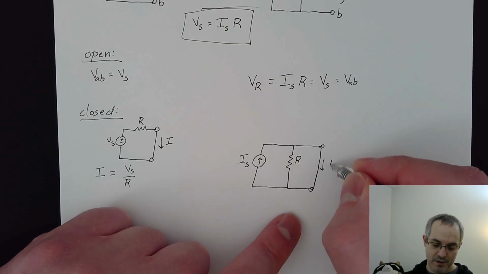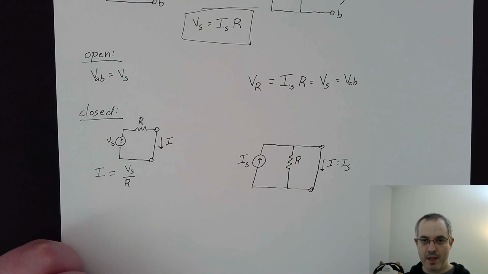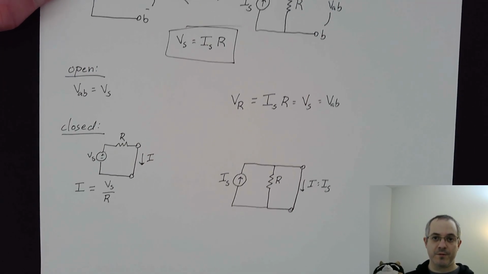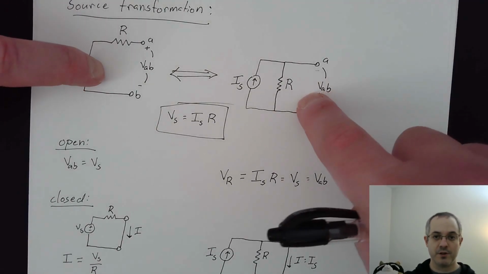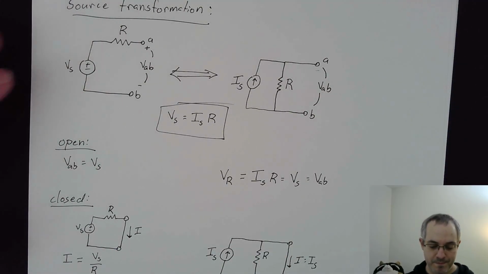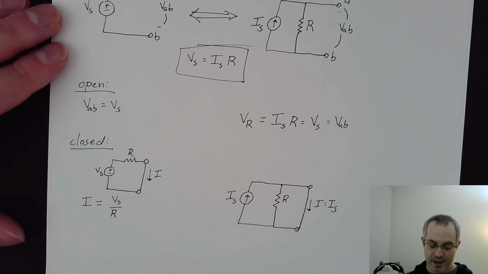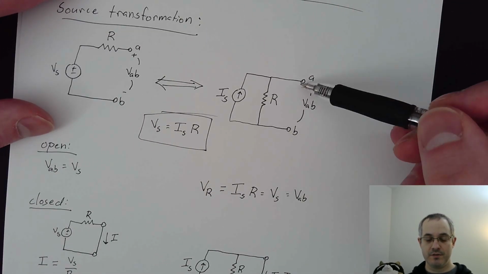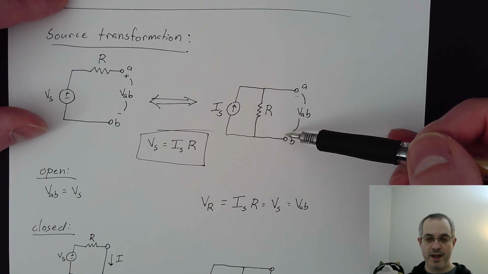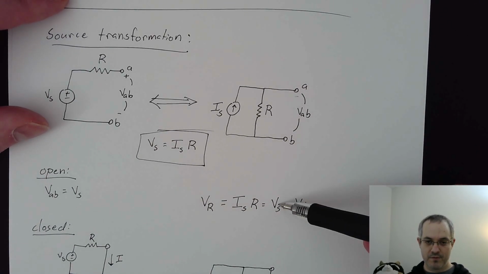So this will be I equals Is. So what we see then is that in order for this version to be equal to this version, when I say equal, I mean be the same, then we have to have that the voltage here on the current source part has to be equal to Vs.